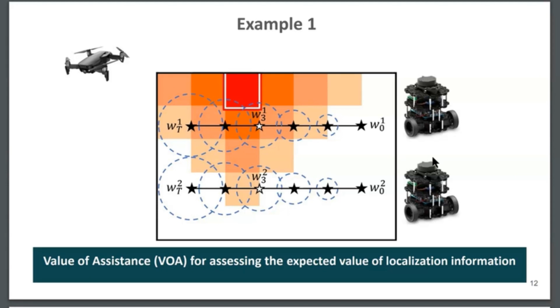We have these 2 navigating agents, and they are tasked with following a trajectory, a path of waypoints. Each has its own waypoints, and they are operating in a mapped environment with an obstacle. I have the ability to intervene by providing localization information.